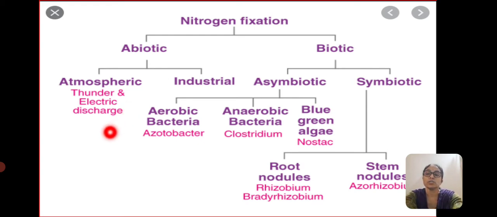That is atmospheric or physical nitrogen fixation, which is natural because of thunder and electric discharge, that is lightning.